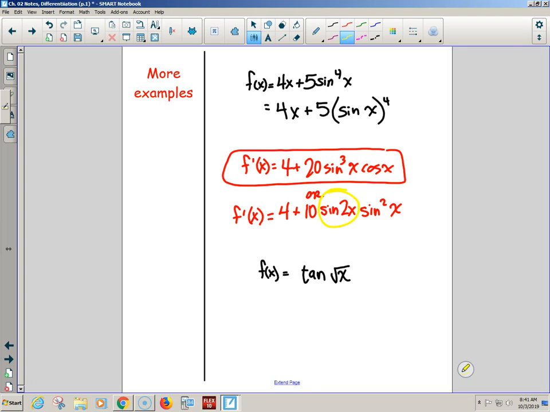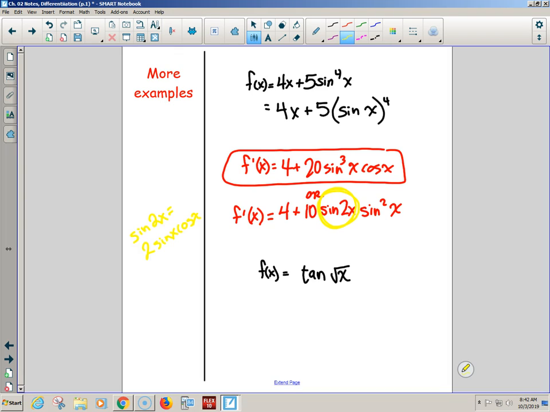If you saw this in a multiple choice, you can work backwards. What do you see? It's the 2 sine x. You can work backwards and say, oh wait, that's 2 sine x, oh sine cubed, oh cosine.